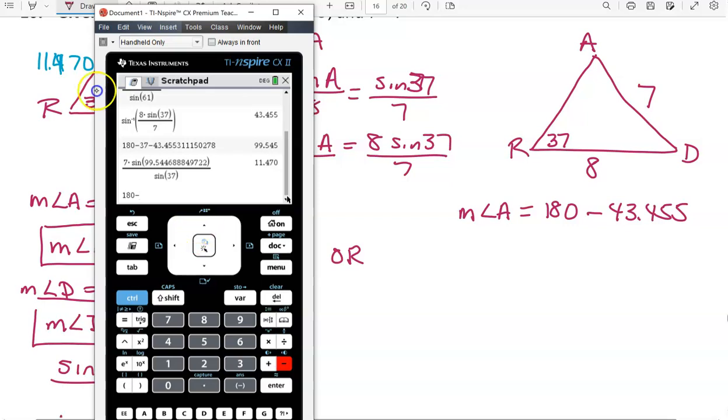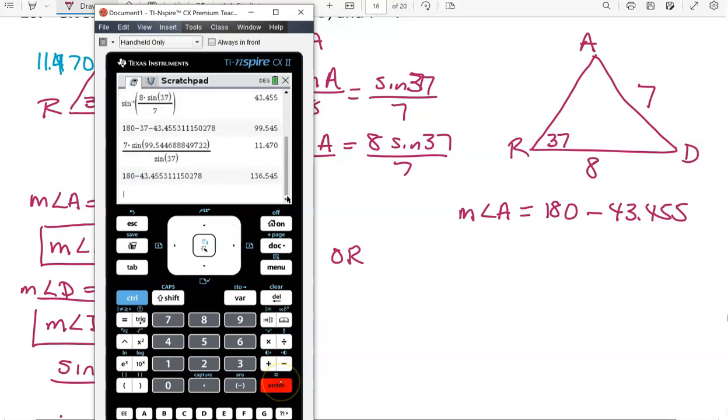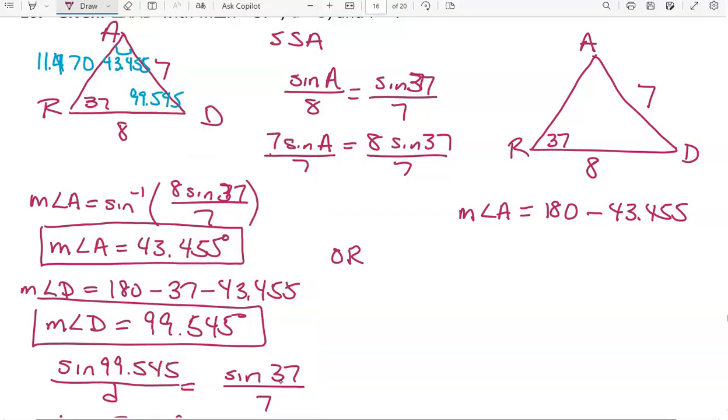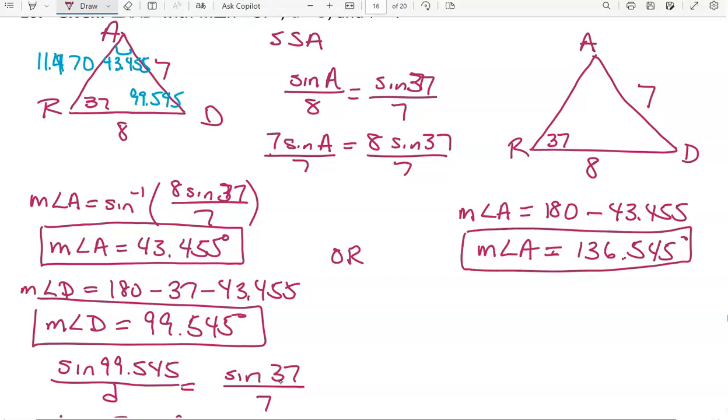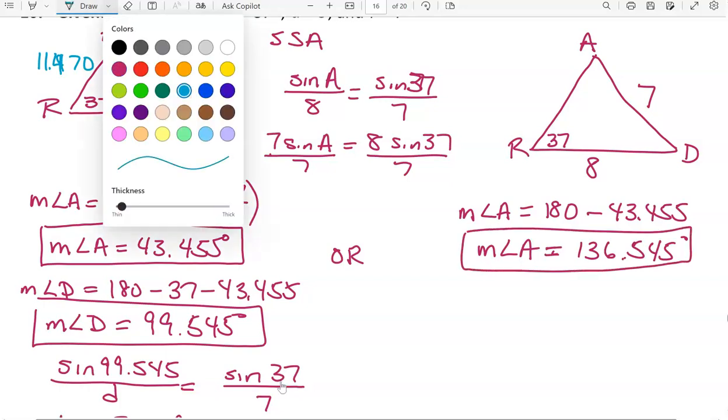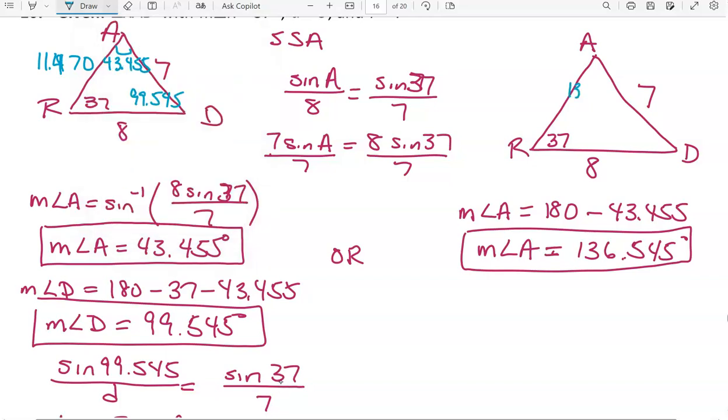That's a rounded value, so I'm going to go up and grab that calculation from a previous one and then find that value. 136.545. And that's the first measure in the second solution. Since we have that, I'll label that in the diagram 136.545.